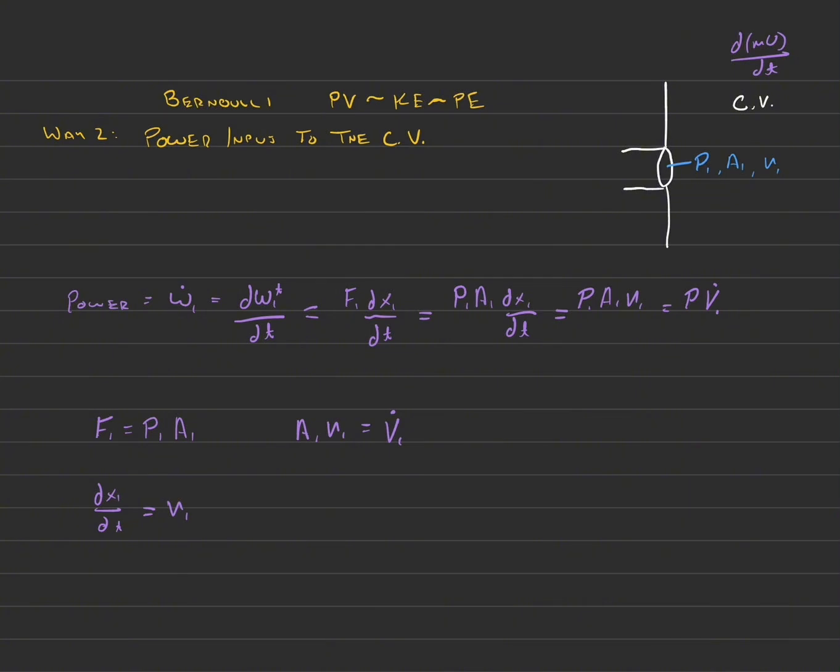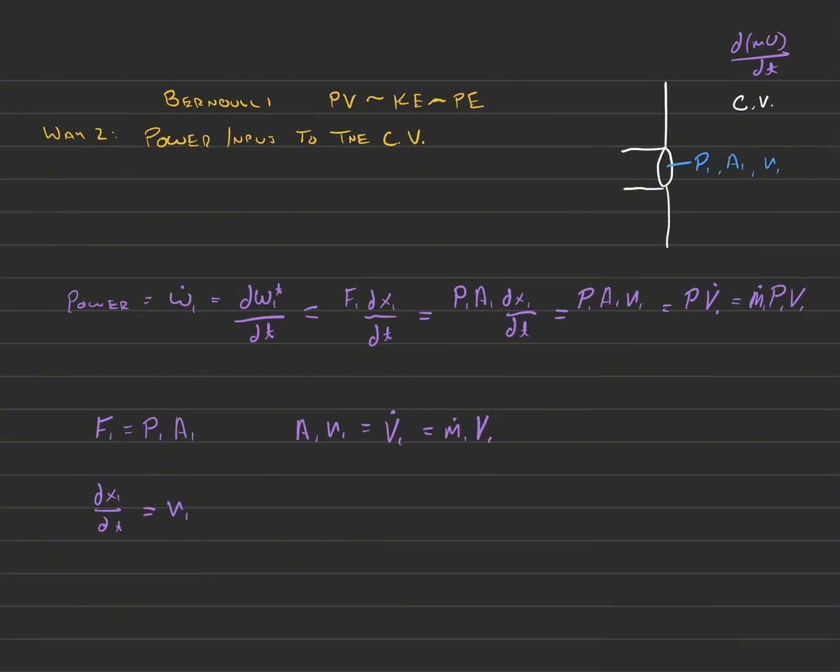So we can multiply the specific term by the mass flow rate, and we end up with the same volumetric flow rate. So now we've got power equals the mass flow rate times P times V, pressure times specific volume.